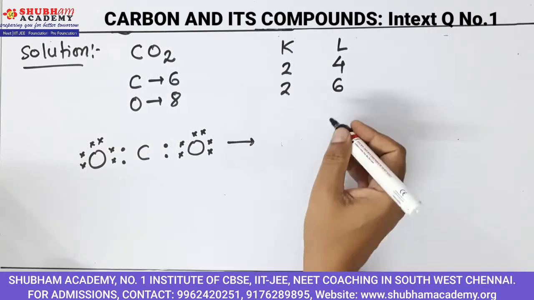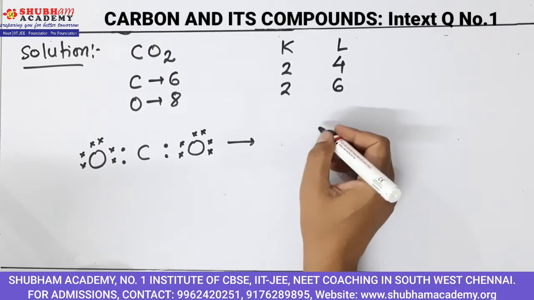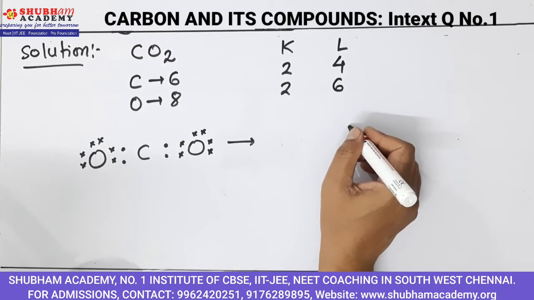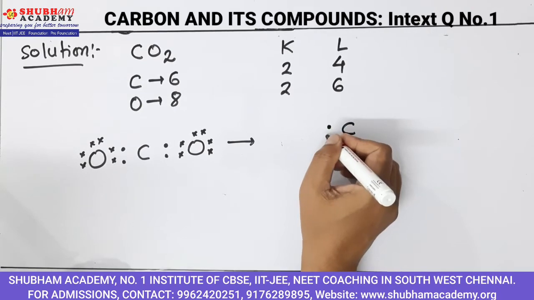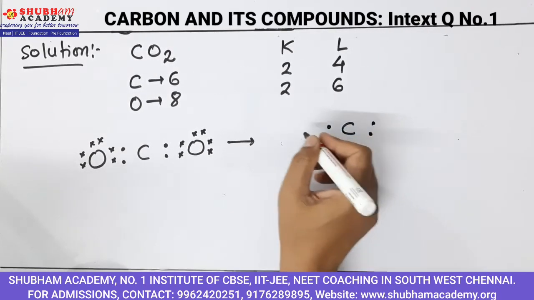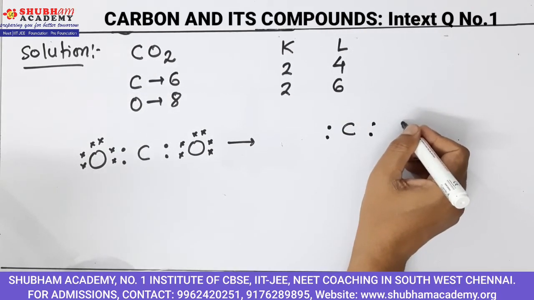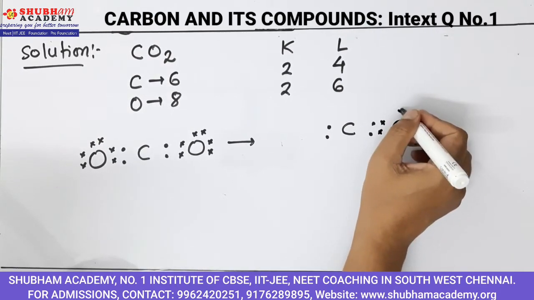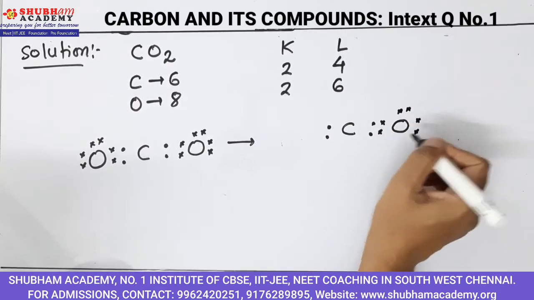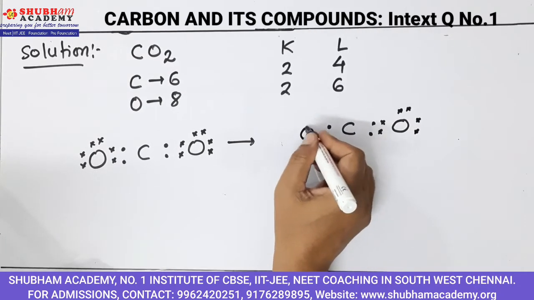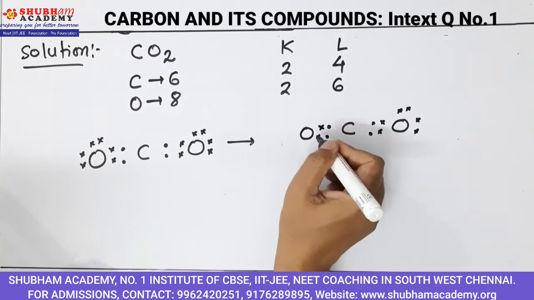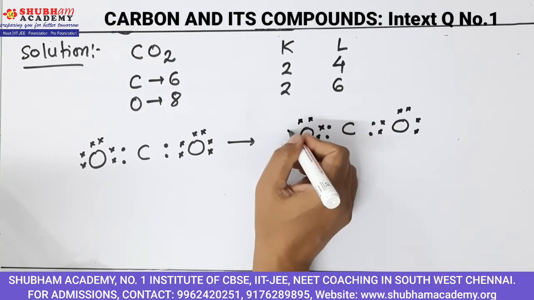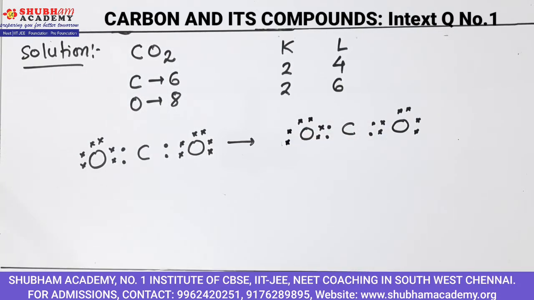So after sharing, it will be C 1, 2, 3, 4, and similarly for oxygen 1, 2, 3, 4, 5, 6, and the other oxygen 1, 2, 3, 4, 5, 6, right?